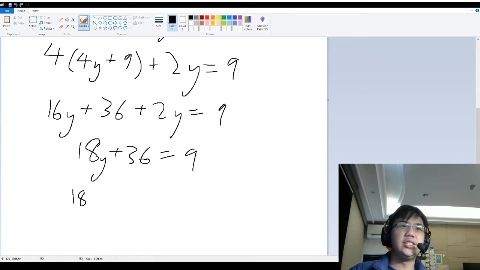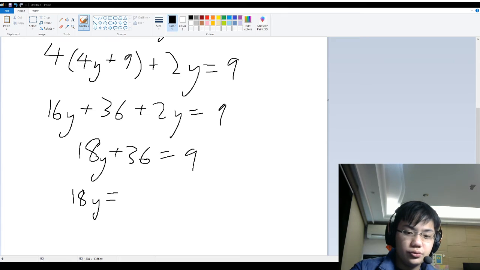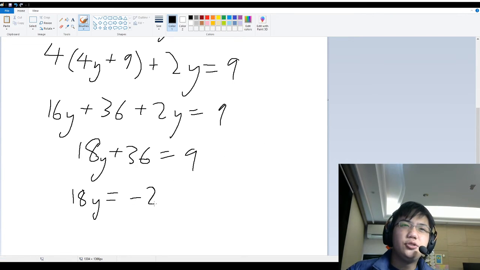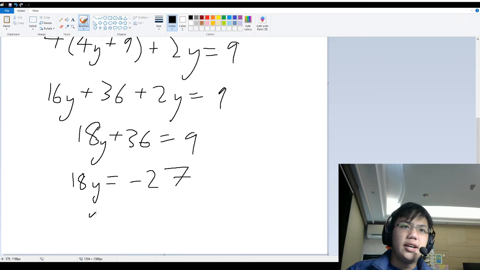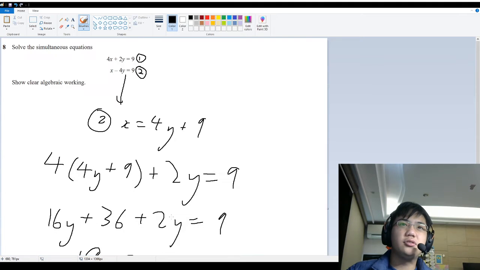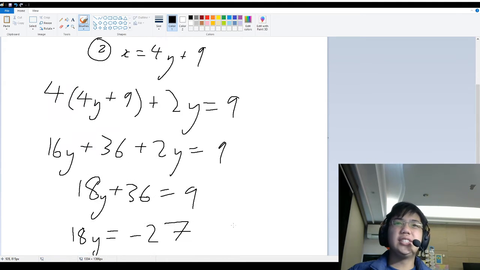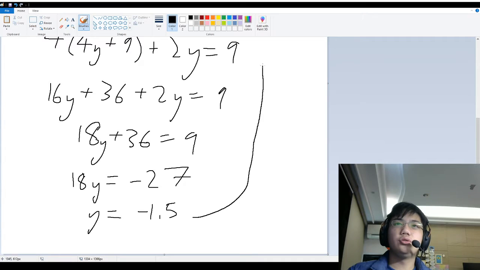Moving the terms to the right hand side, we get 18y equals negative 27, and therefore y equals negative 1.5.